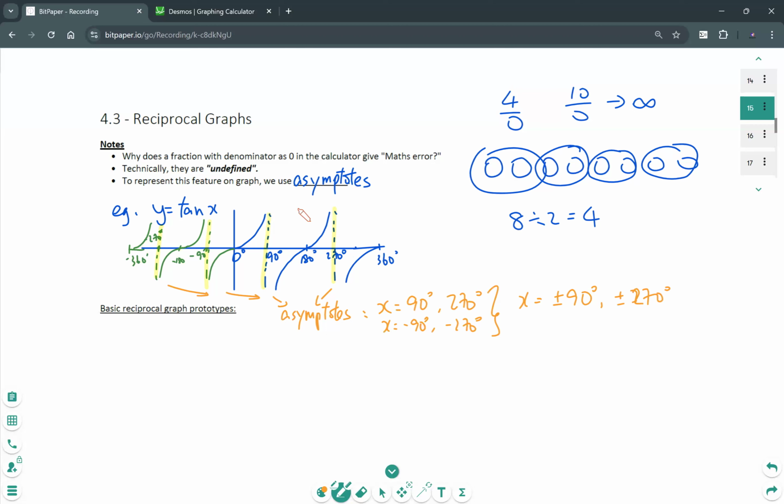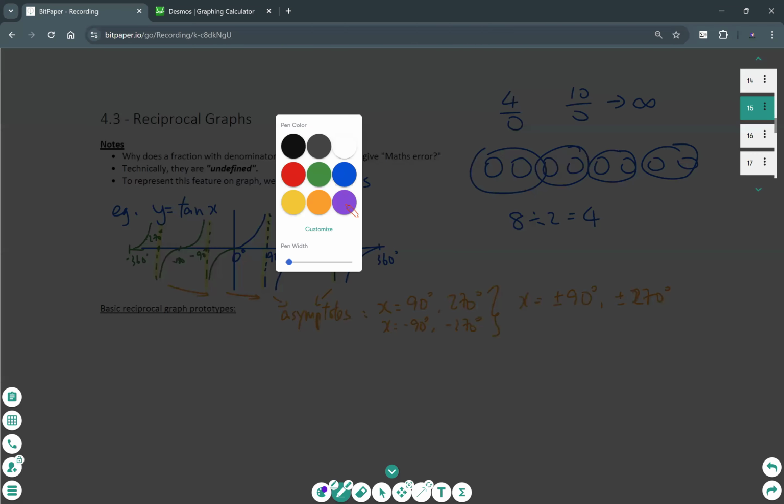But here, the main keyword is asymptotes. So what are asymptotes again? Asymptotes are a line, an invisible line. This is not the technical definition, but it's something for you to remember.